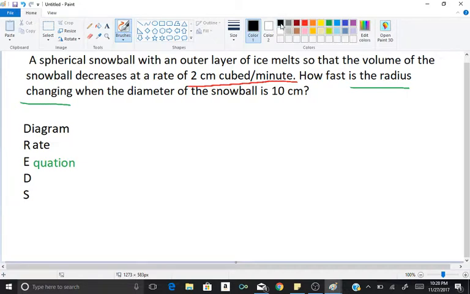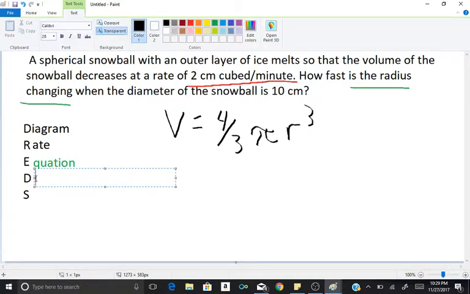But for right now, in the equation box, go ahead and write V equals 4/3 pi r cubed. All right, so that's done. I'm going to leave that up there because the next step, the second D, stands for the derivative.